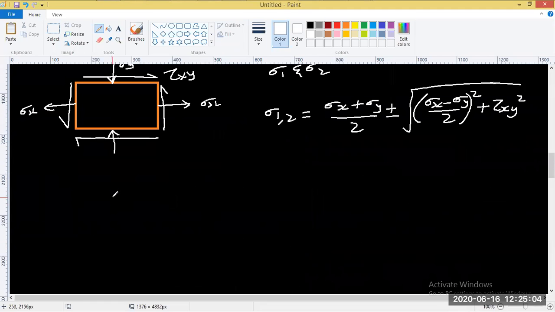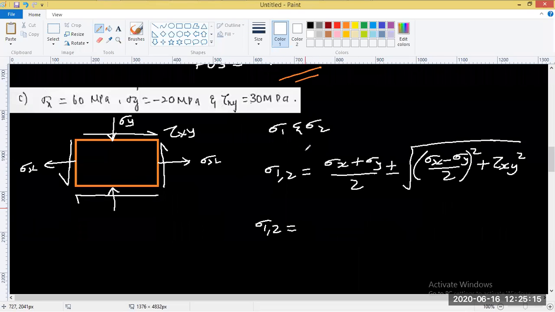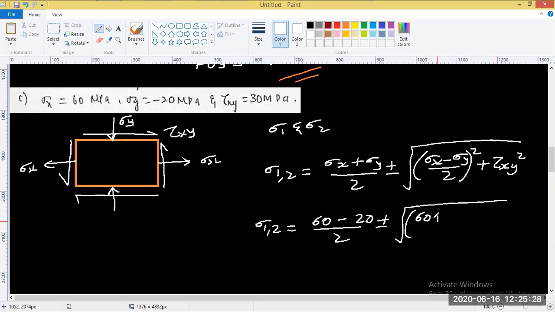The first thing, always find the principal stresses in problems like this. So sigma 1 and 2 can be found out using this. So sigma x is 60 minus sigma y is 20 over 2 plus or minus under the root 60 plus 20 the whole square plus tau xy is 30 square.